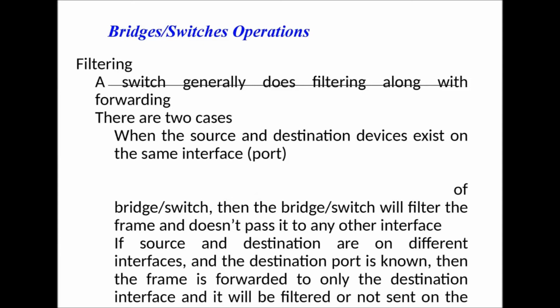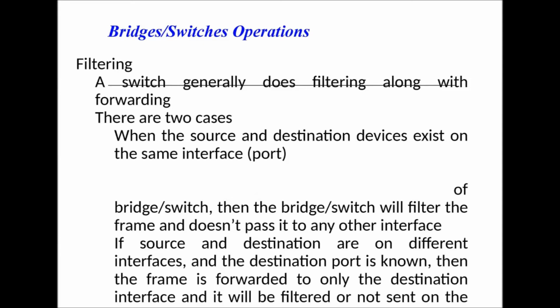Second case: if source and destination are on different interfaces and the destination port is known, then the frame is forwarded to only the destination interface and it will be filtered, or not sent, on the remaining interfaces. So in this second case, the source belongs to a different interface and the destination belongs to a different interface, but the destination port is known, so the frame will be forwarded only to the intended destination.